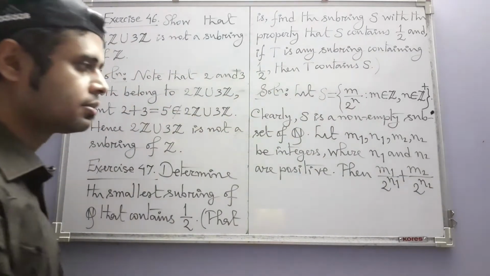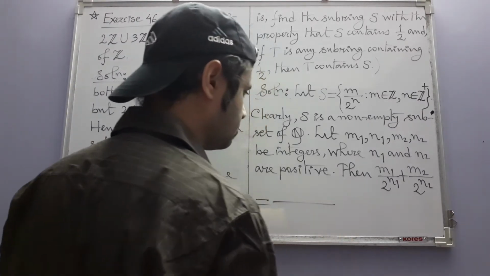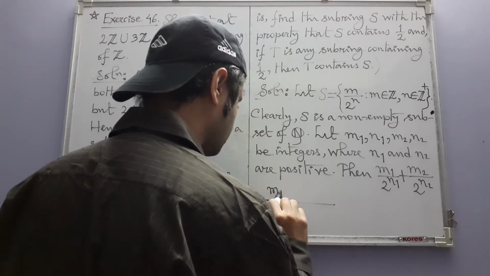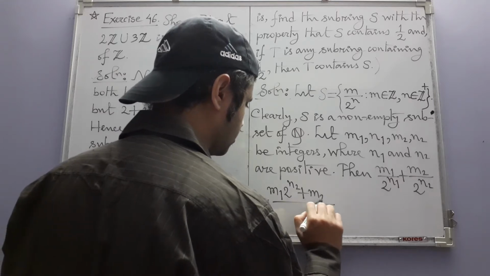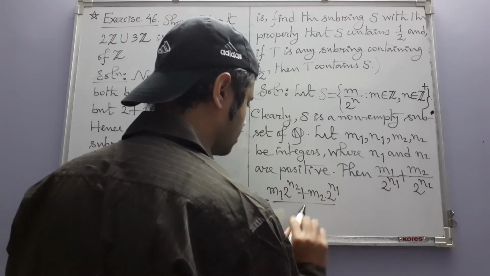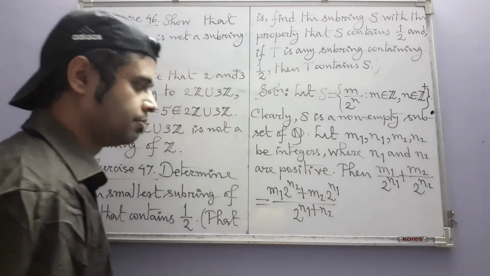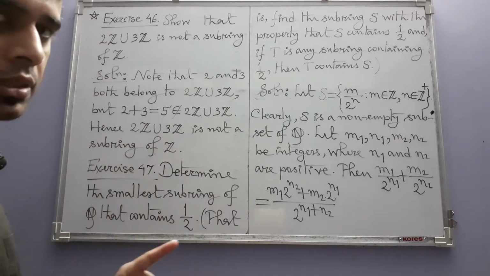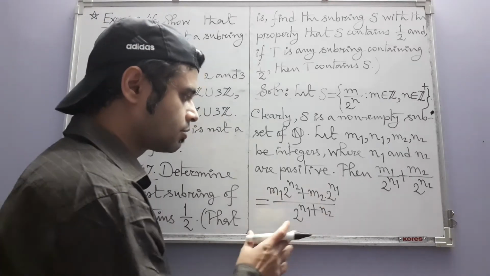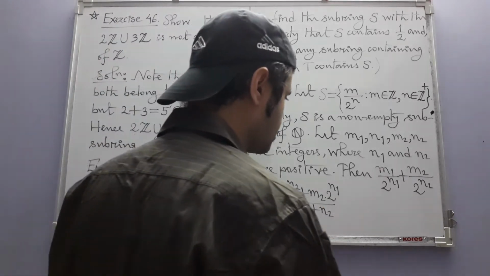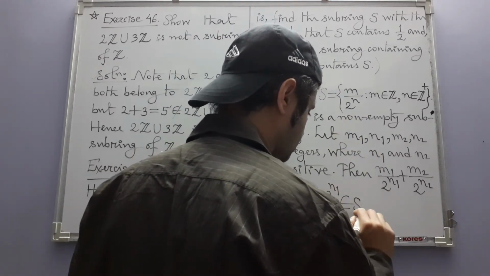We are taking their sum, and that sum will look like this: m1 times 2 to the power n2 plus m2 times 2 to the power n1, divided by 2 to the power n1 plus n2. Now n1 and n2 are positive integers, so their sum is also a positive integer, and this numerator is of course some integer. So this has the form to be in S. This belongs to S.